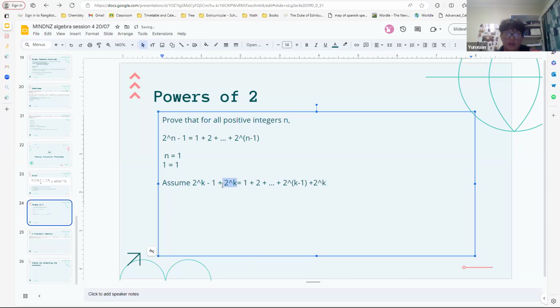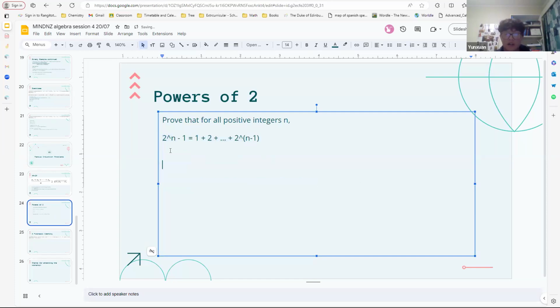And then now we have 2 to the k plus 1 minus 1 equals 1 plus 2 plus dot dot dot plus 2 to the k minus 1 plus 2 to the k, which is basically just the problem statement, but for k plus 1.